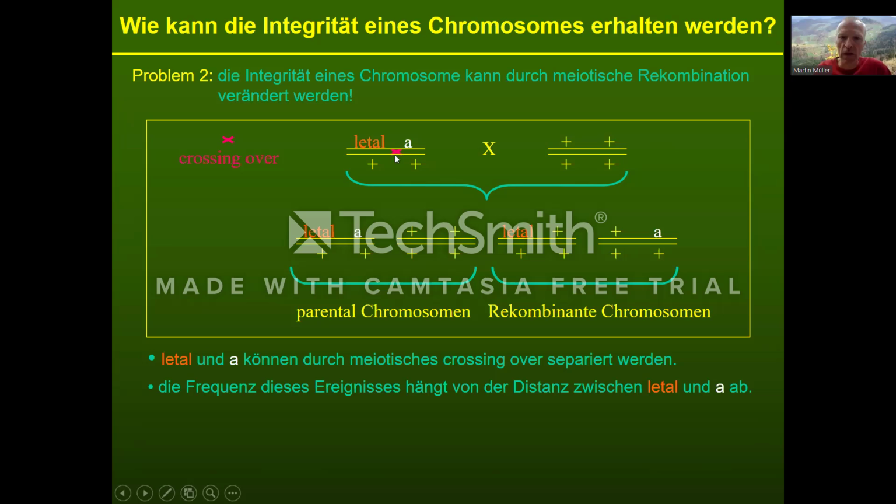So if you cross these flies with each other, you can get back the parental chromosomes, this one and this one, but you can also get the recombinants. And as I said, you are not interested to lose the linkage of the lethal and the A marker.